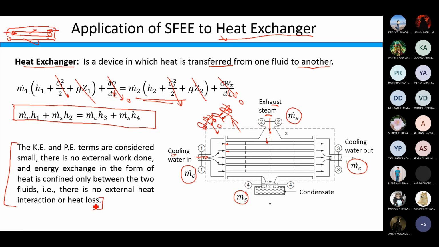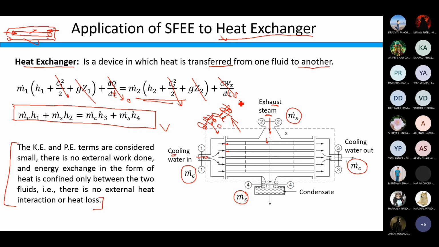When this kind of question is asked, what is expected is you will start with the basic equation and then write all the assumptions which you are making in between and how you simplify this. Don't directly jump to the final form of the equation. You have to simplify it step by step and justify why these terms are zero. Is it clear? Now can I go to the next slide?